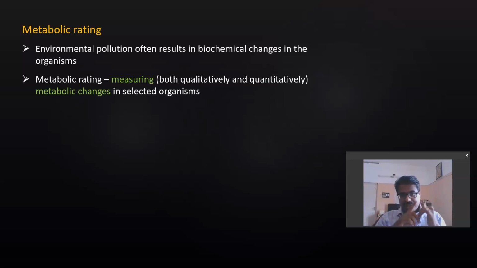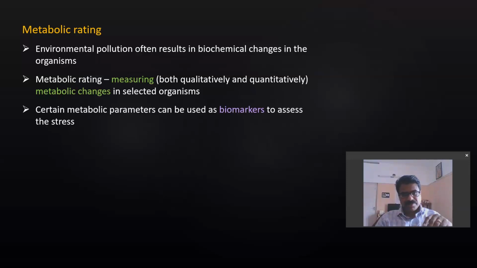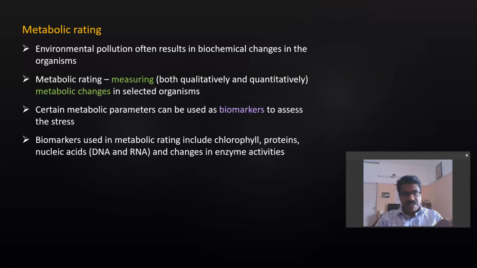That may be just qualitative measuring, or we can measure it quantitatively, in numbers. And certain metabolic parameters can be used as biomarkers for assessing how much stress the organism is under due to pollution. These biomarkers include the amount of chlorophyll present, then proteins, nucleic acids, and also change in enzyme activity. That is what is called metabolic change.